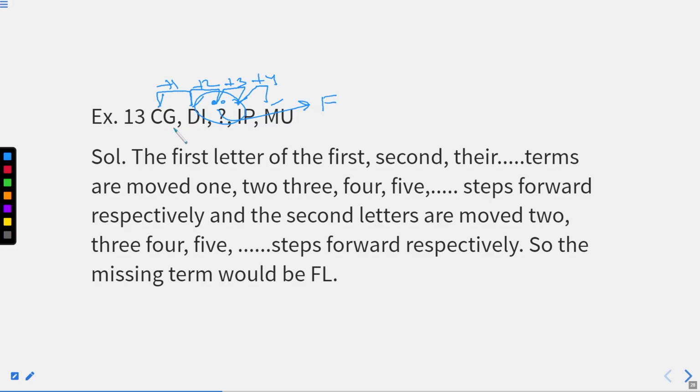Now let's follow the second part. After G, we are getting I. So we know the place value of G is 7. We know the place value of I is 9. So it is directly getting a plus 2. So if we make plus 3, here we'll get to L, right? So the answer is going to be FL.